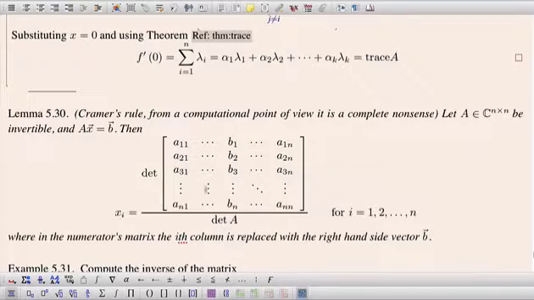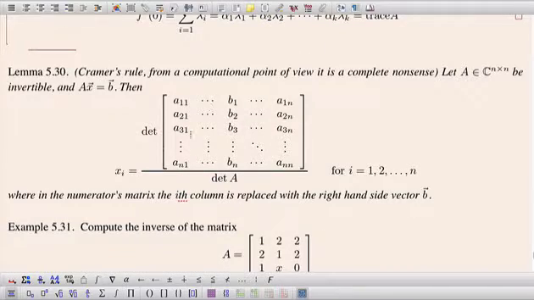The ith component is the determinant of this big n by n matrix where the ith column of A is replaced with the right hand side vector b, divided by the determinant of A, and this i goes from 1 to n.